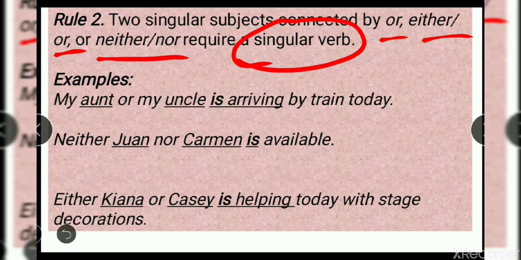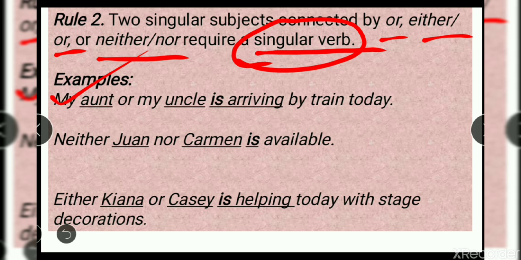That means neither, either, none, anyone, each, every, which are used as pronouns or adjectives, should be followed by the third person singular verb, which should be followed by the singular verb. Examples: my aunt or my uncle is arriving by the train. Neither John nor Carmen is available.